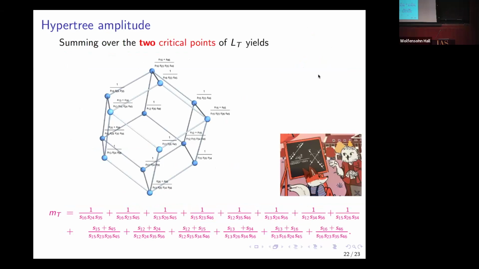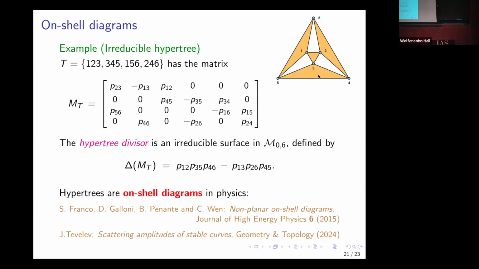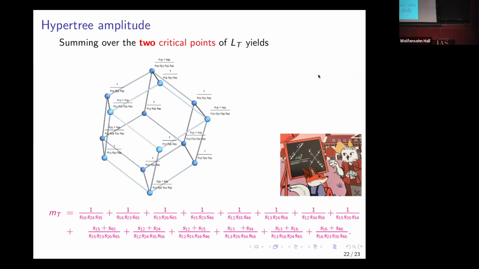Of course, as I said, for hypertrees we can do exactly the same thing as for two-trees. For example, we can define an amplitude, but now there's not just one critical point, there's more. In our octahedral example here, the maximum likelihood degree, the number of critical points, is 2, and summing over the 2 critical points, again, you get a nice amplitude formula reminiscent of the one for the icosahedron.